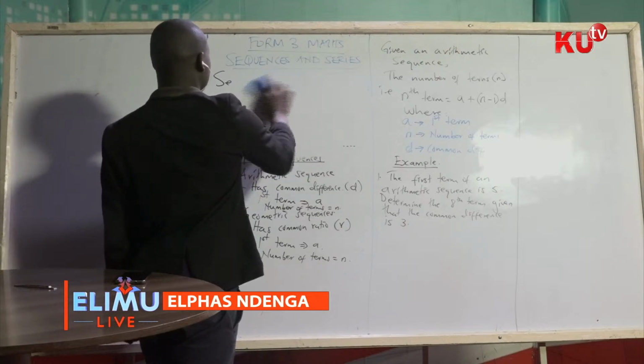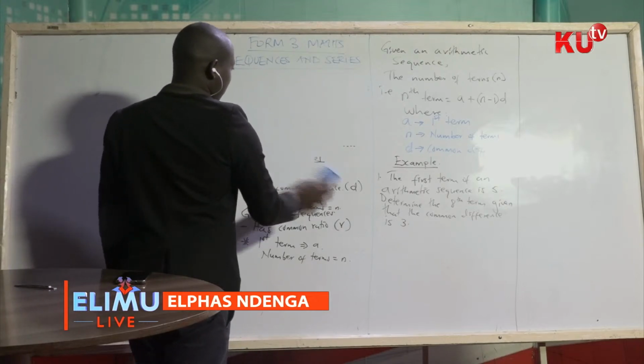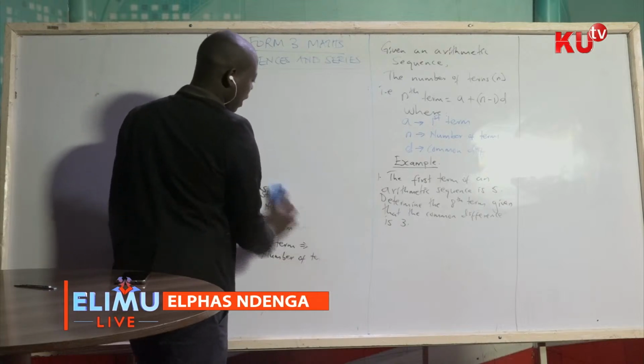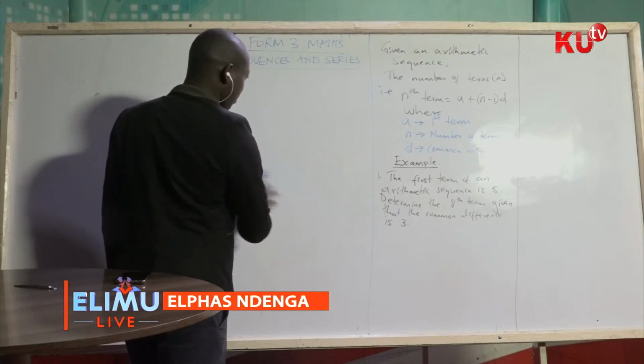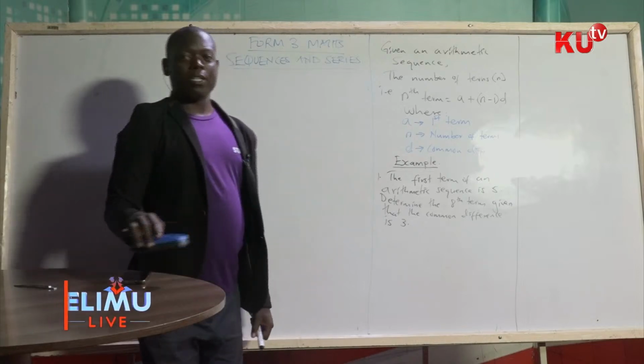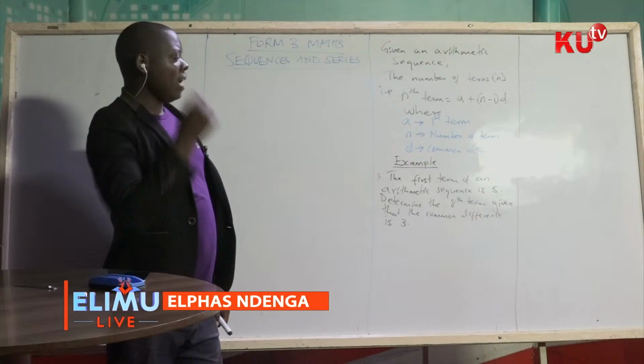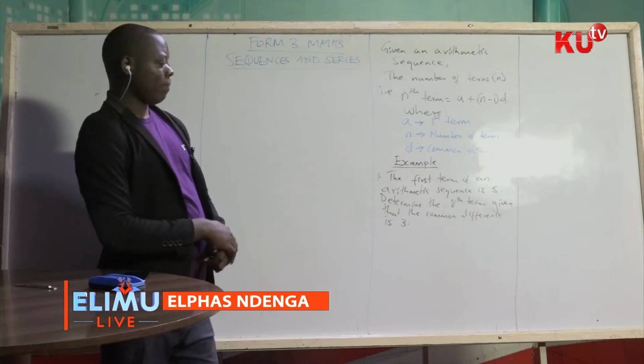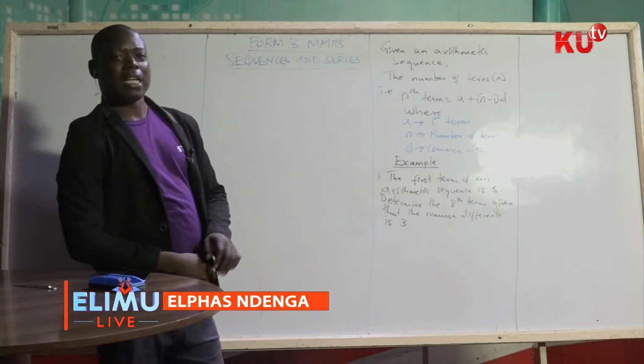Students, our example is: the first term of an arithmetic sequence is 5. We are told to determine the 8th term given that the common difference is 3.